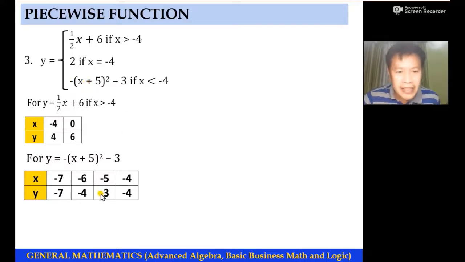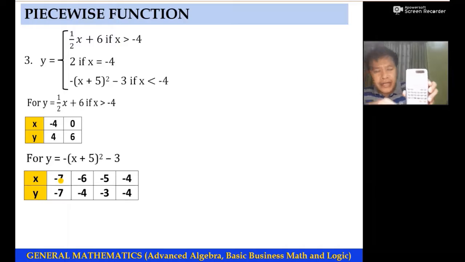If x is negative 6, plus 5 is negative 1. Negative 1 raised to 2 is positive 1. 1 times negative 1 is negative 1. Negative 1 minus 3 is negative 4. If x is equal to negative 7, we will use a scientific calculator, students.